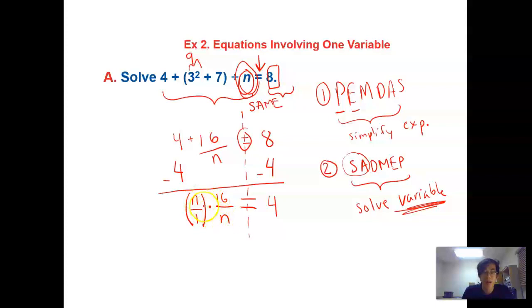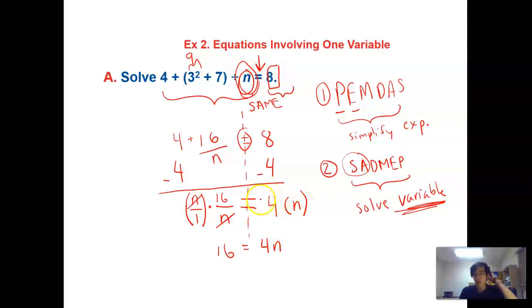I'm going to cancel out division using multiplication, and when you flip it, that's called the reciprocal. So if I multiply n over 1, or n on this side, I also have to multiply times n on this side. So I'm going to cancel this out, and I get 16 equals 4n.